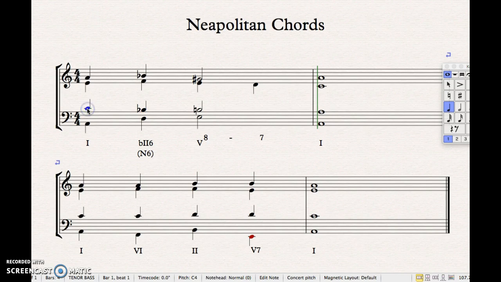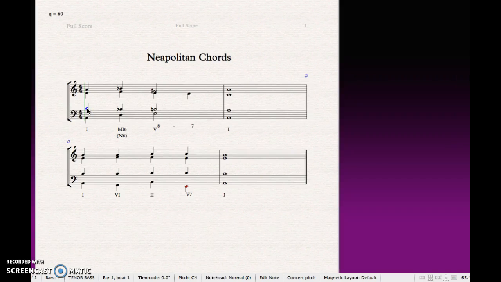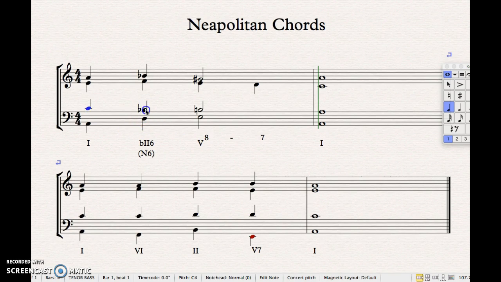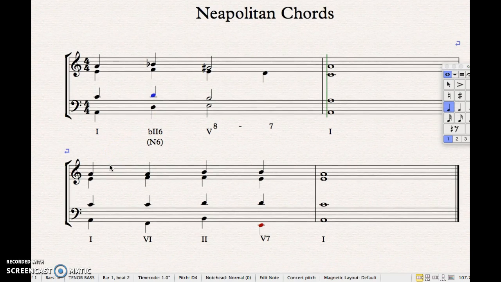So you can hear that. Otherwise, you would generally avoid doubling the altered tone because it's so distinct. So you might encounter that in the context of a modulation from another key. Otherwise, just double the bass, Fa.